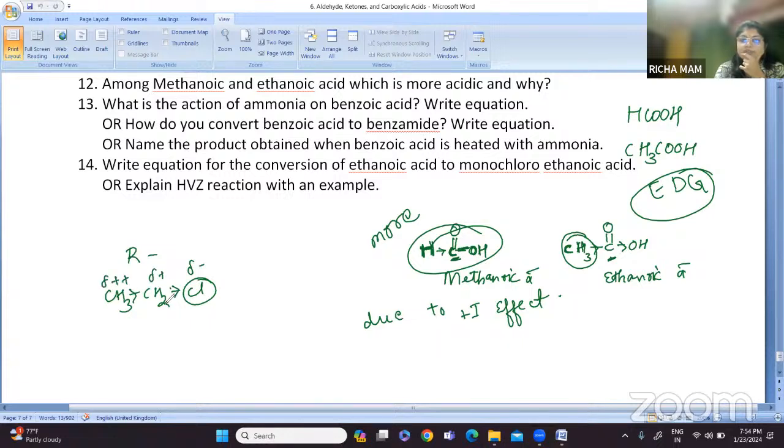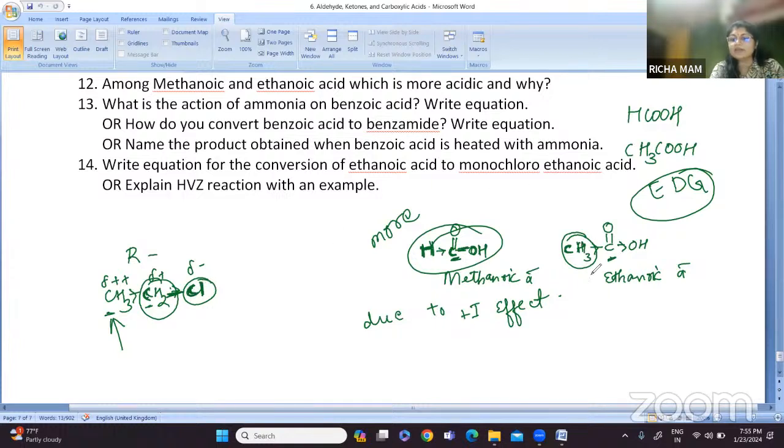Between these two carbons, this one will be a bit electronegative because it is directly attached to an electronegative atom. So the minus I effect is more in this carbon as compared to the other carbon, because it is a bit further. So here we are seeing the minus I effect.